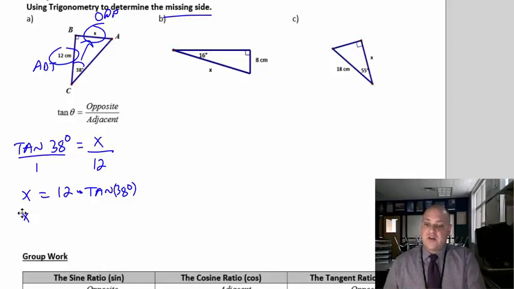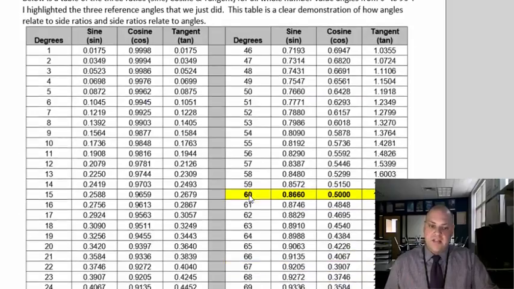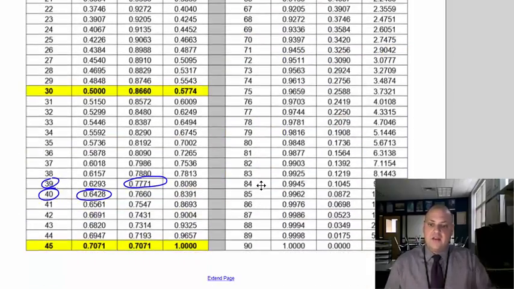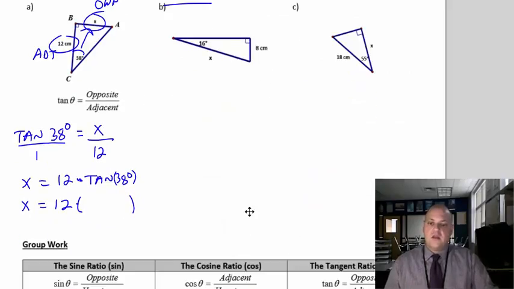Now, tangent 38 we can get from our table. Just go to your table. Tan 38 is right here, 0.7813.